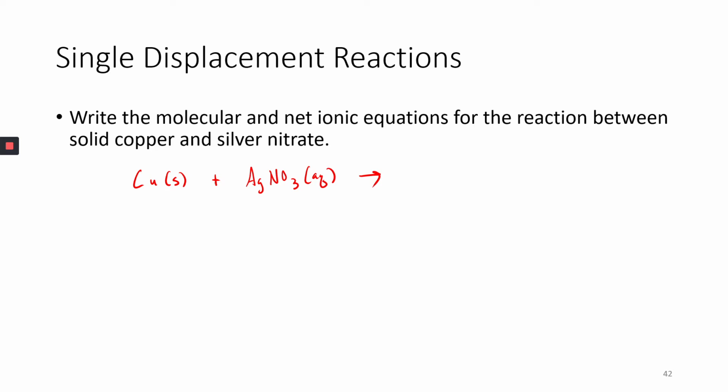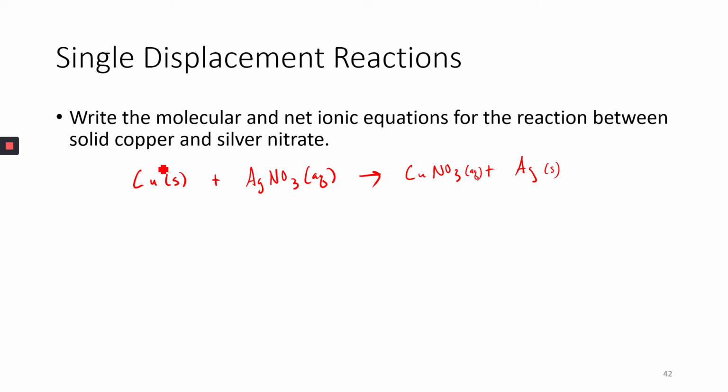And let's assume that we are going to form copper 1 nitrate. And then you have your silver metal. So here is your molecular reaction, and it is balanced.